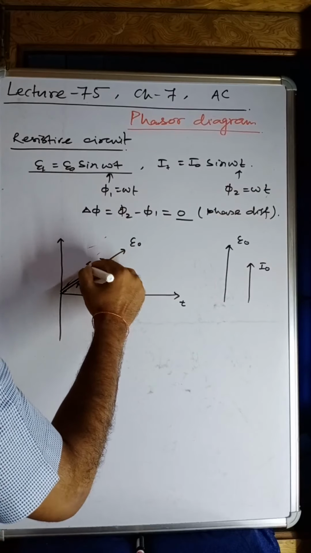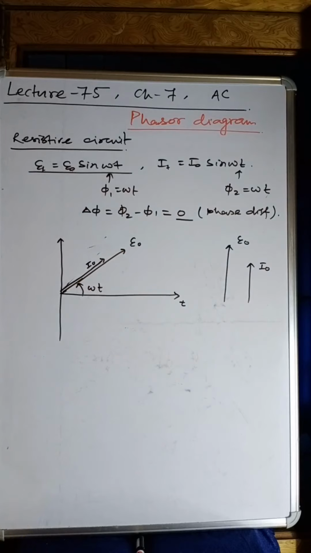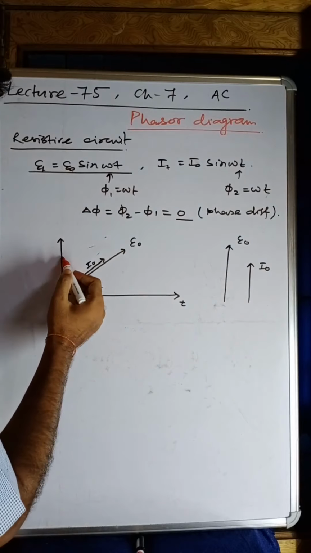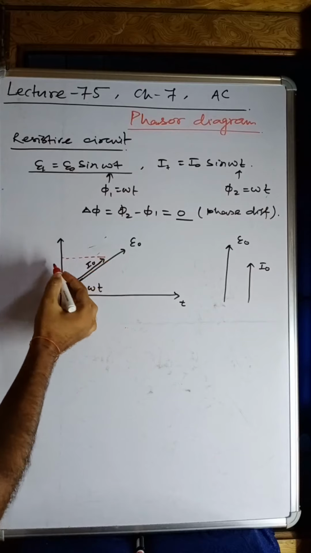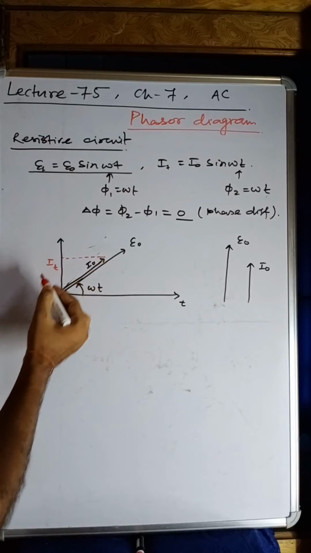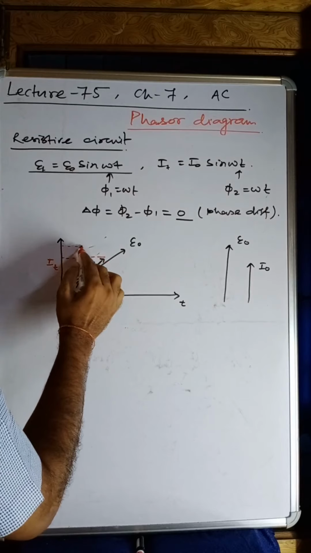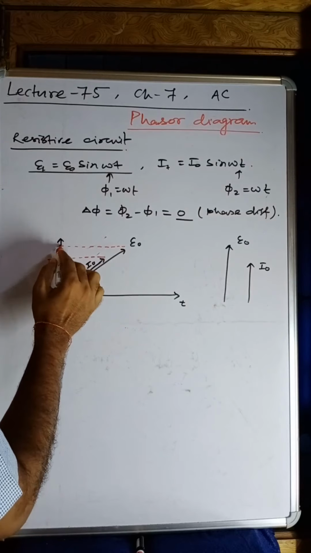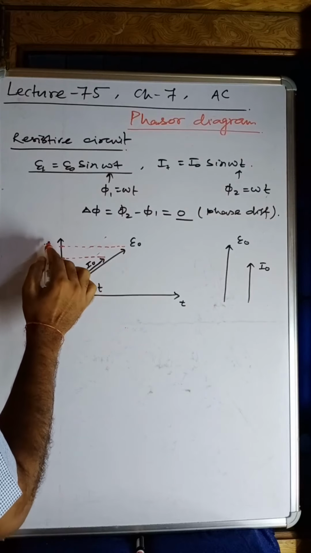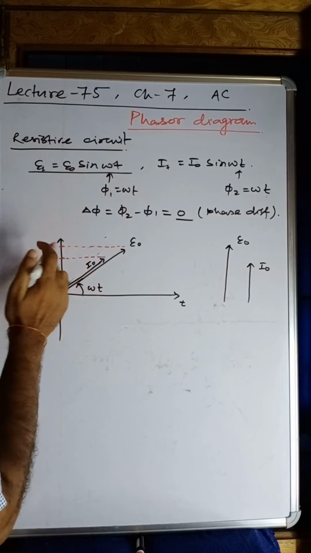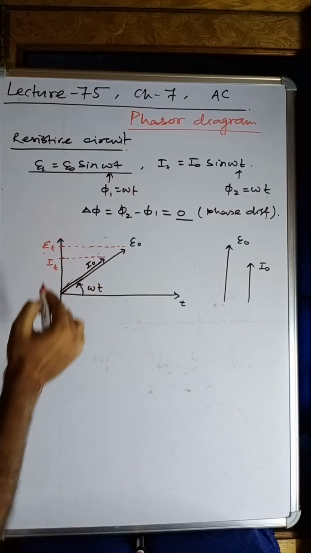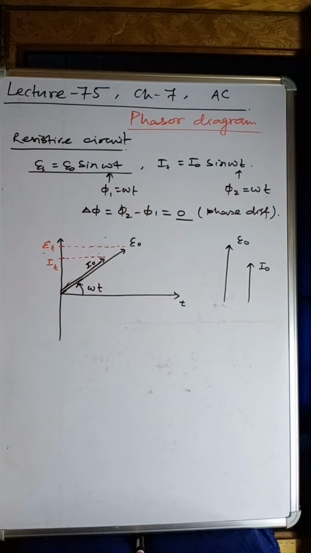Now the vertical component. The vertical component of I gives you the instantaneous current, and this will give you the instantaneous voltage, that is e(t). This was the concept I was telling you: the vertical component will give you the instantaneous value.